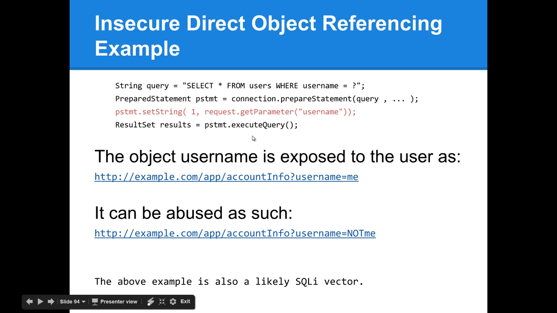Now, we haven't covered SQL injection yet, but in general, whenever an object is insecurely referenced and exposed to the user in this manner, and it's an object that is stored in the database backend, those cases are likely also SQL injection vulnerability vectors. And we'll cover those in a few slides.